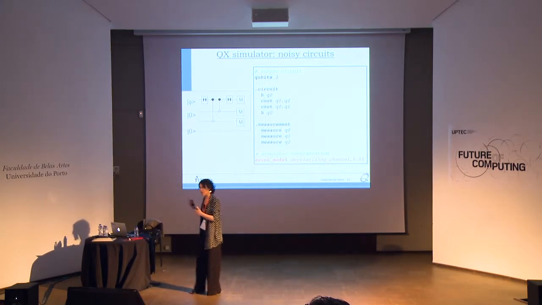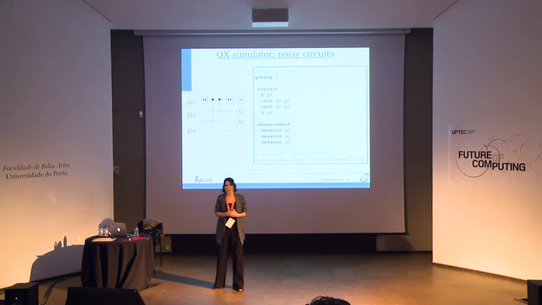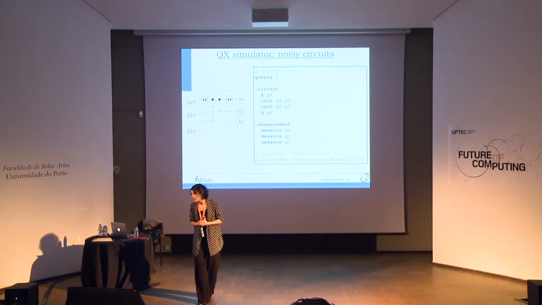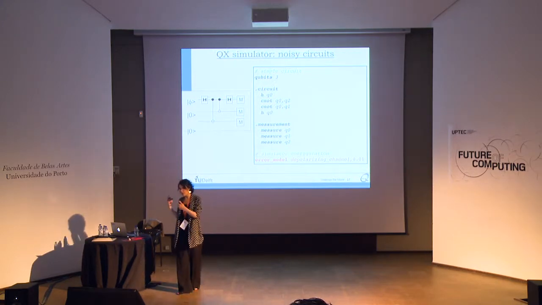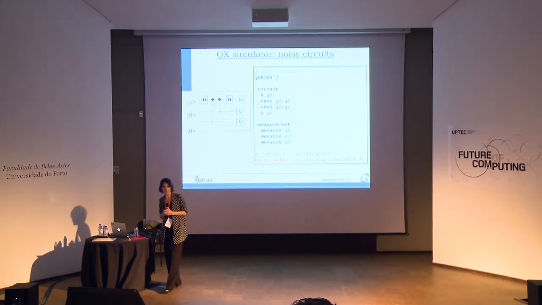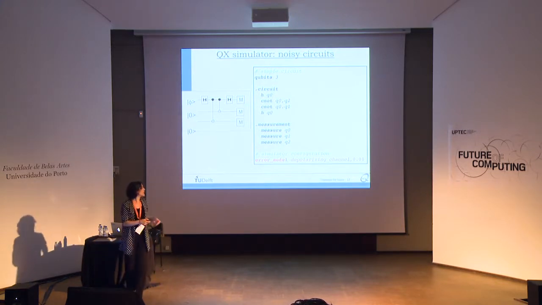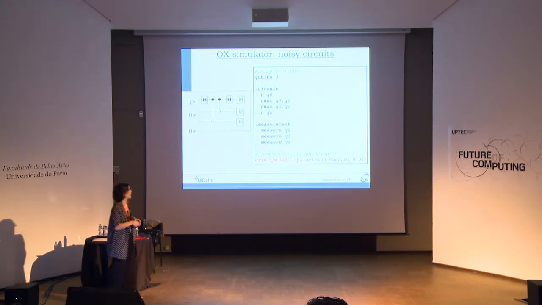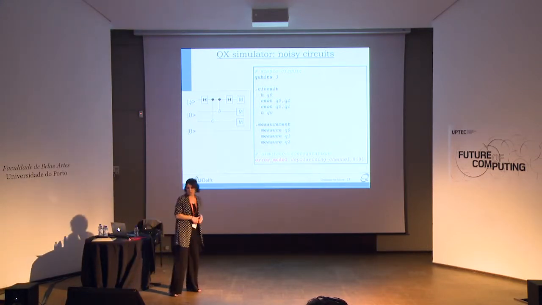So in the QX simulator, we have the option of simulating noisy circuits, or qubits or circuits with errors. For now, we have what is called the depolarizing channel, or depolarizing error model, that you can introduce by putting the error model, the depolarizing channel, and then the physical error rate. You can put different physical error rates.